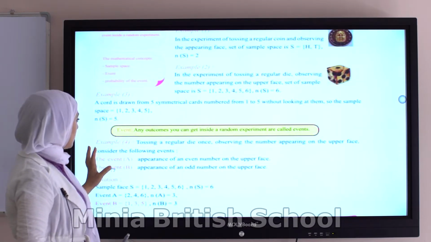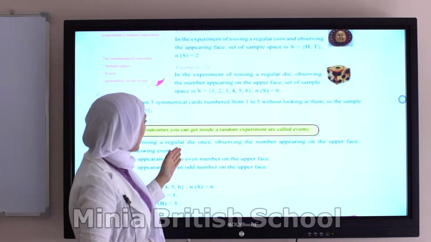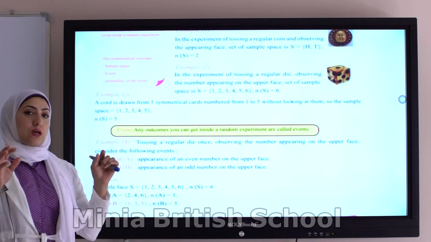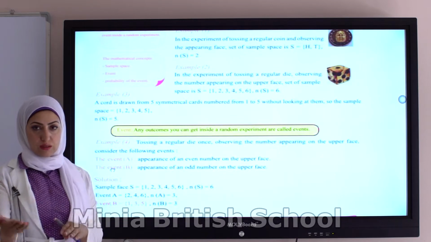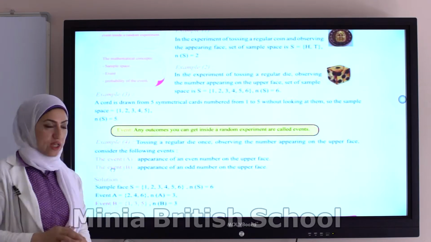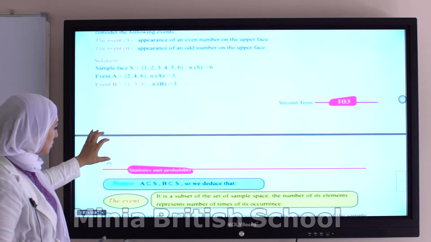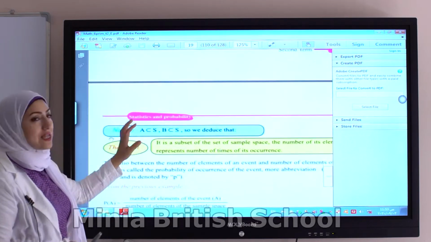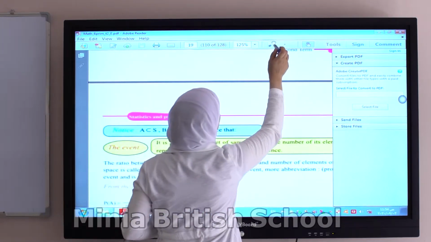Now I have something called event. Event means any outcomes you can get inside a random experiment. That means if I toss the coin and I got head, this head is called an event. And an event is always a subset of the sample space, as we had in the last lesson.